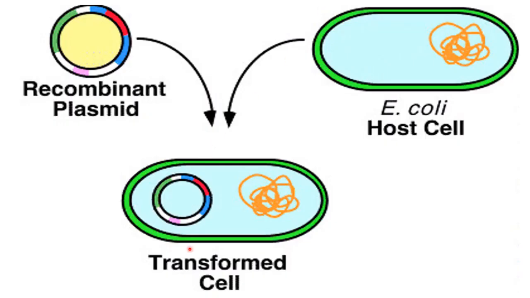Now you can see here what is a transformant and what is a non-transformant. This is a recombinant plasmid. Recombinant plasmid means plasmid having a foreign piece of DNA. And this is an E. coli host cell, in which we need to introduce this recombinant plasmid, right? So if the recombinant plasmid is introduced in this cell, then this cell is called a transformed cell or transformant.